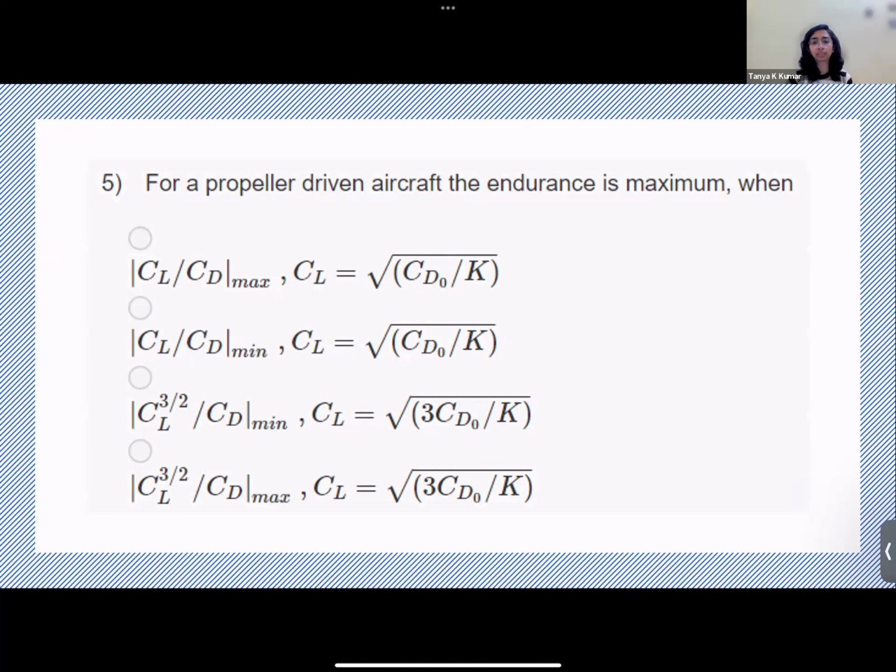for the same propeller driven aircraft? So here it's minimum power required, right? What is the answer now?